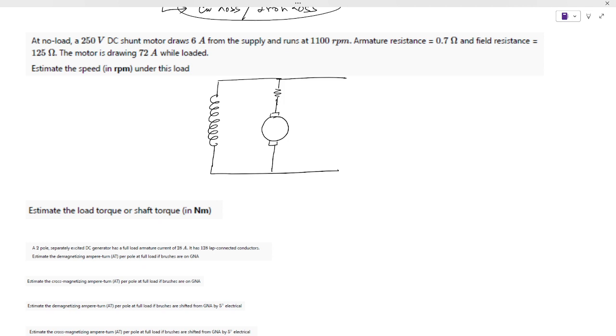So that is also loss. That's what we are saying. It will be feeding the rotational losses when there is no load on the machine. That means input power is getting dissipated as the rotational loss.